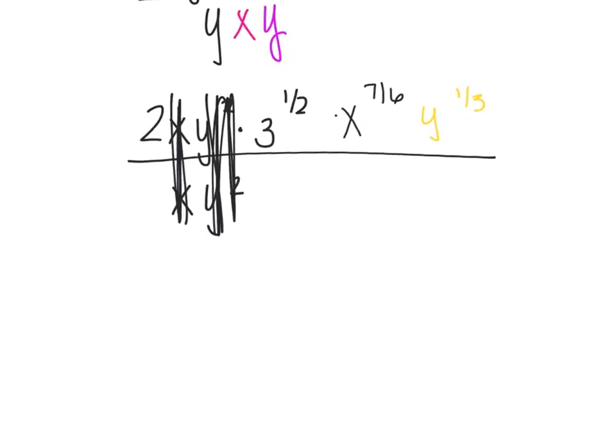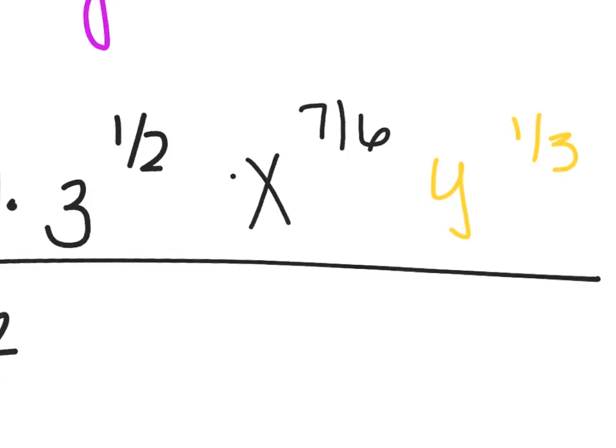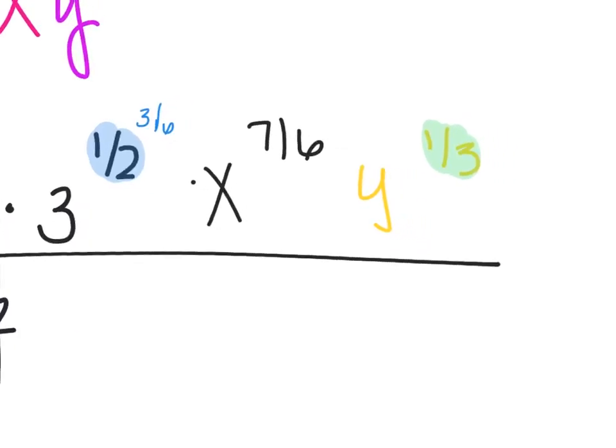And then I'm seeing that I have all these exponents here, and I don't like that. So what I'm going to do, and you're going to be like, why are you doing this? Just trust me. Trust me that I know what I am doing. I'm going to write this 3 to the 1/2 as the 6th root of 3 to the 3rd, because it is. And I'm going to write this 2 to the 1/3 as the 6th root of 2 squared.